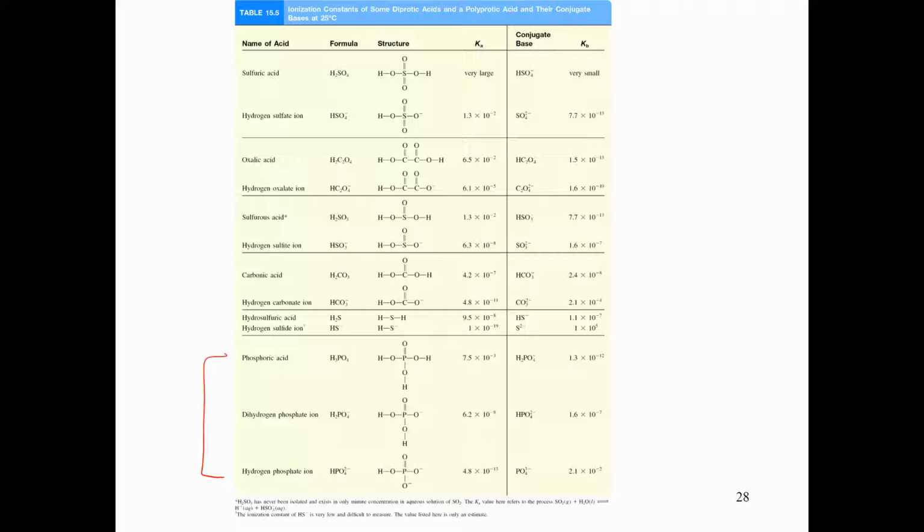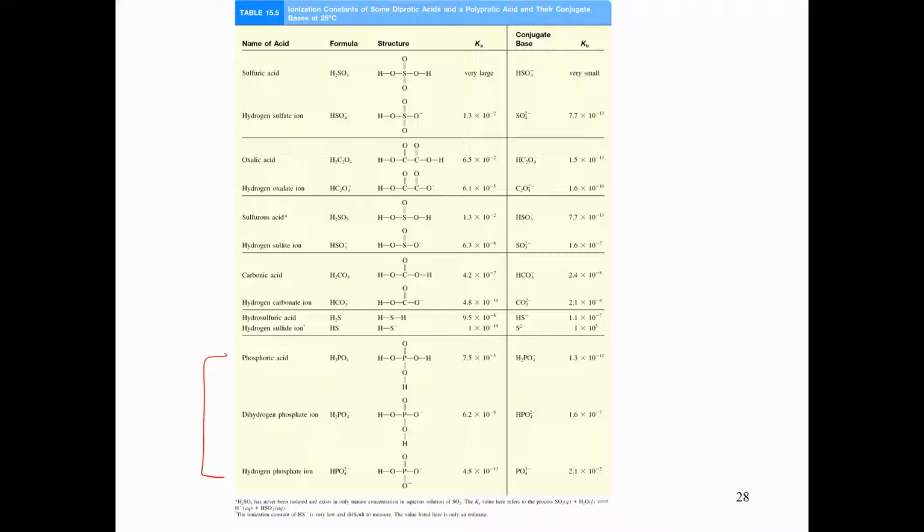This one is 4.8 times 10 to the negative 13. Okay? So you can see each hydrogen has a less and less extent of coming off due to the fact that these bases that are produced start to become stronger and stronger as you're going down this way.